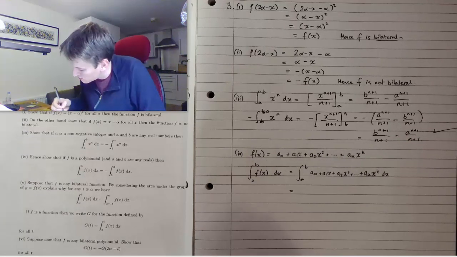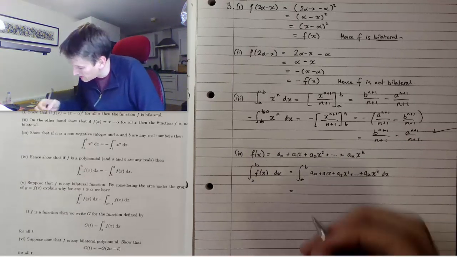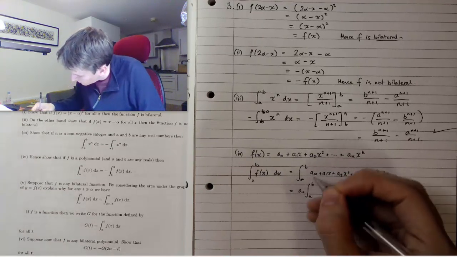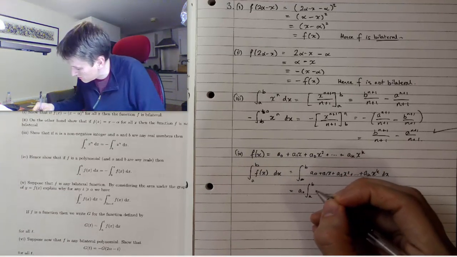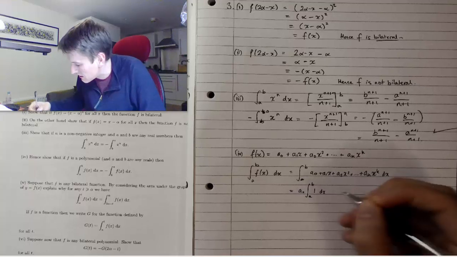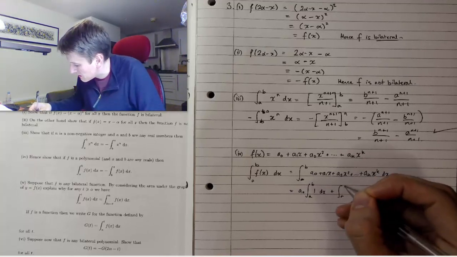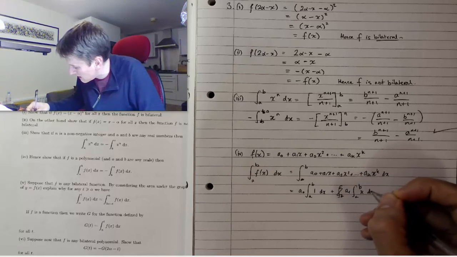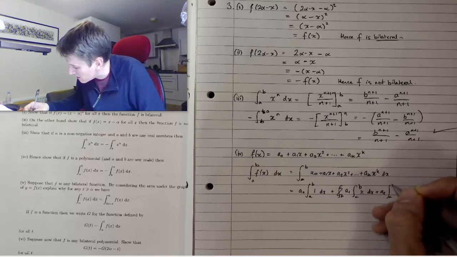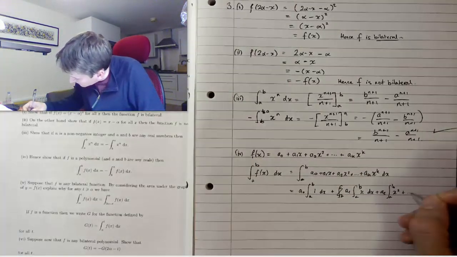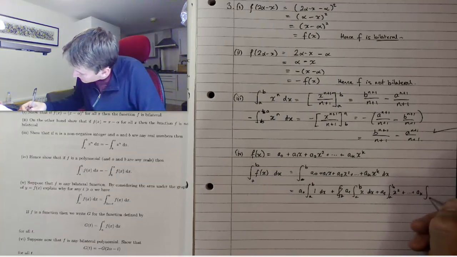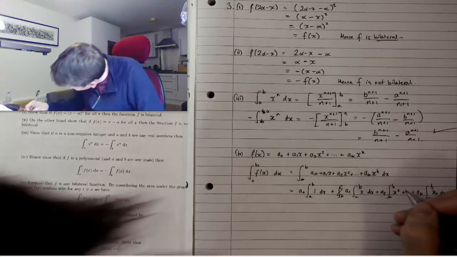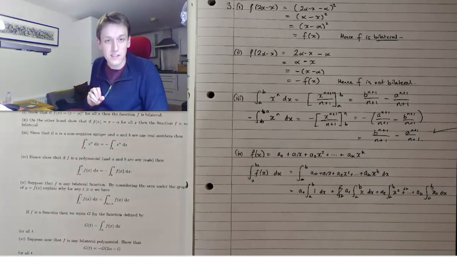And I could split this integral by linearity into a series of integrals: a0 times the integral of 1 dx, plus a1 times the integral of x, plus a2 times the integral of x squared, all the way up to ak times the integral of x to the k, and we should all have dx's.